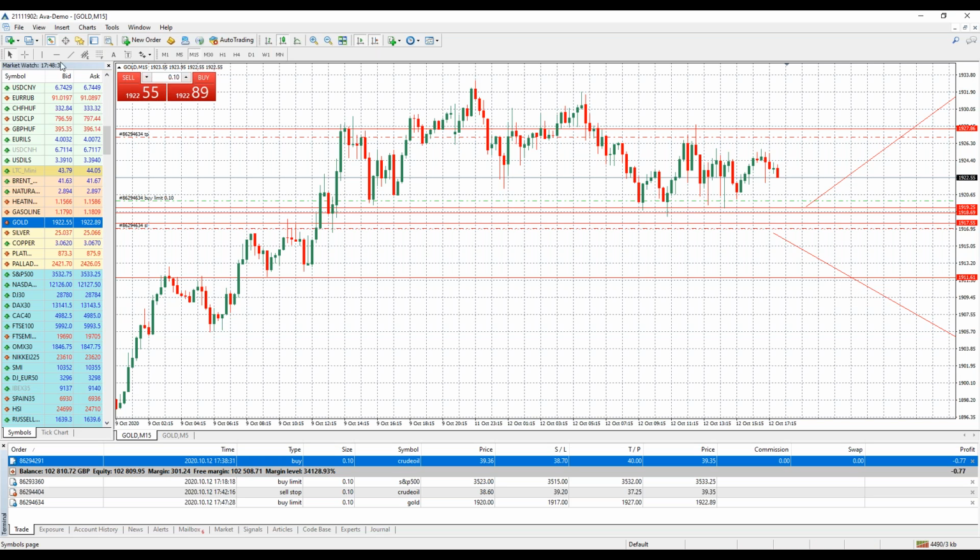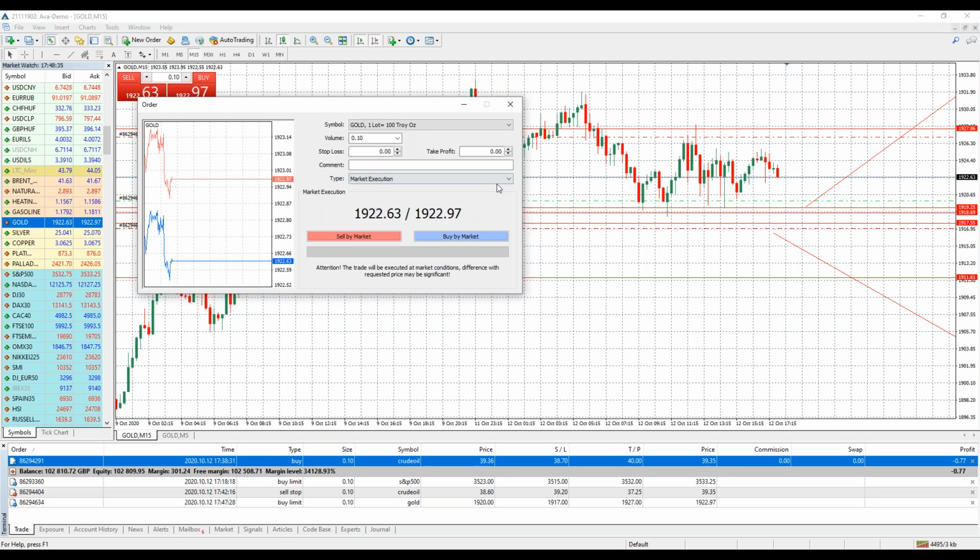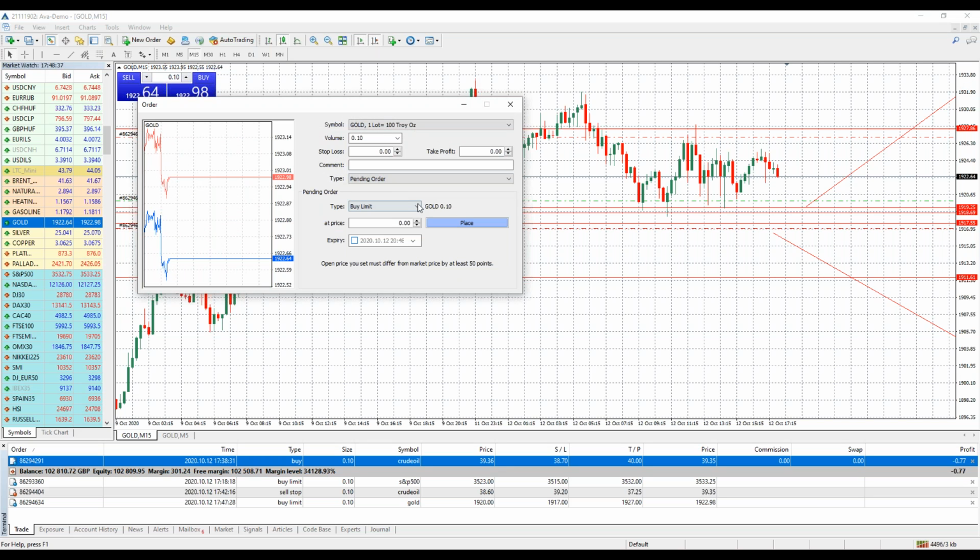So if I want to set up a pending sell stop, very easy. Gold, pending order, sell stop. If it hits the stop loss on my buy limit, then I'm in on a sell stop.